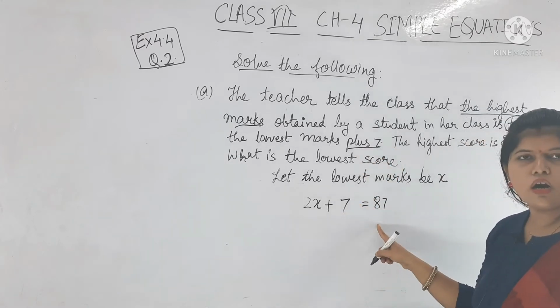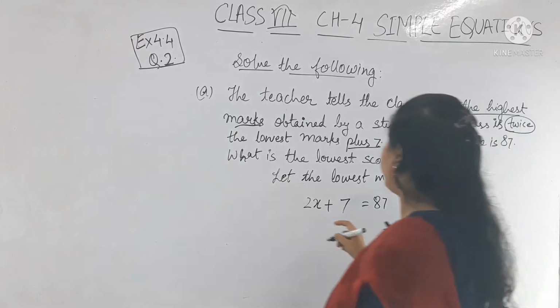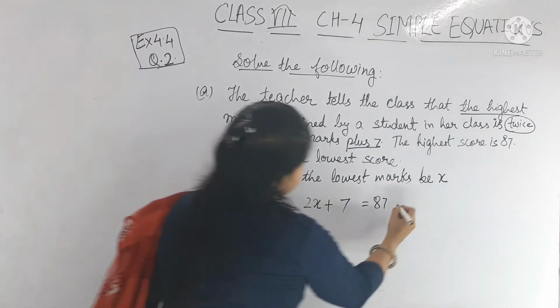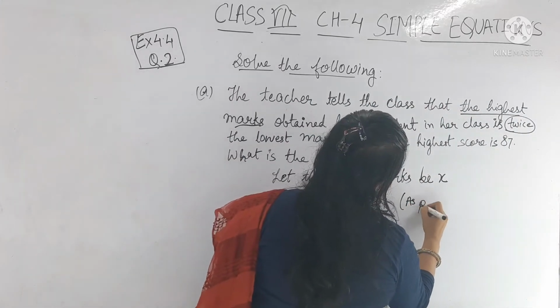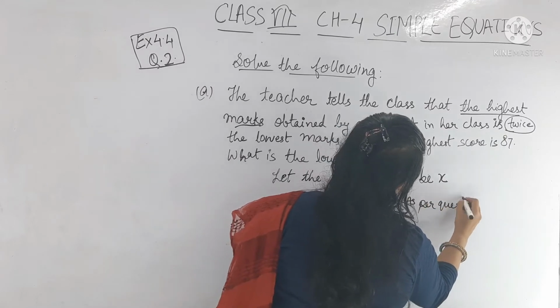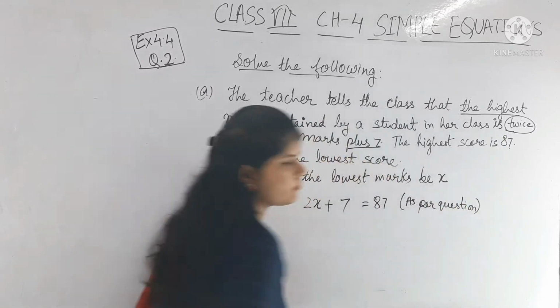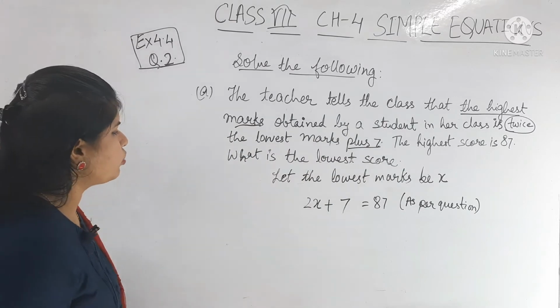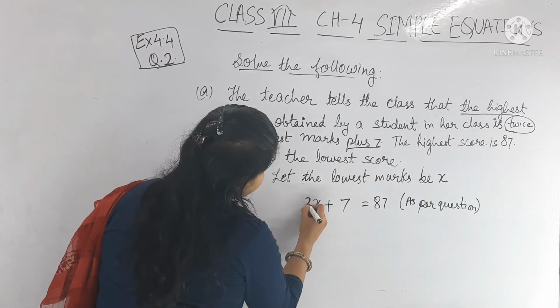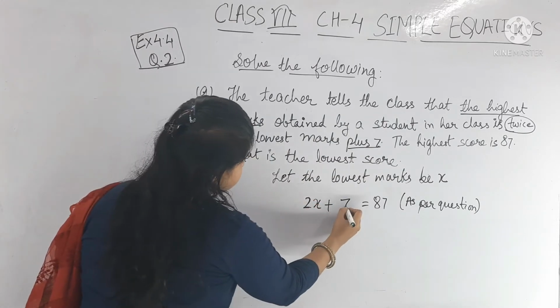This is your equation. You can write as per question or according to question. So 2x plus 7 equal to 87.